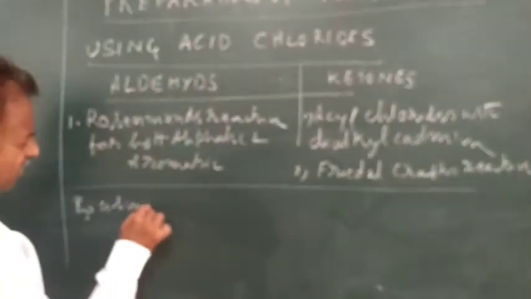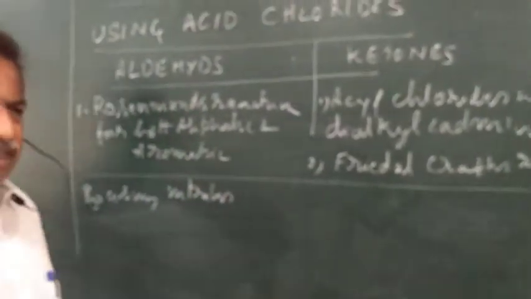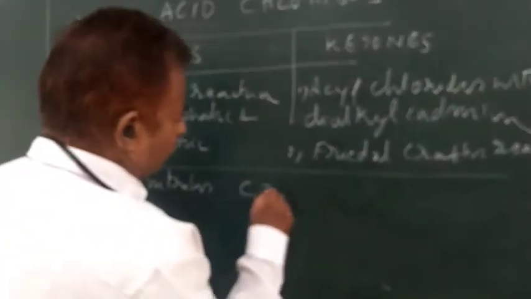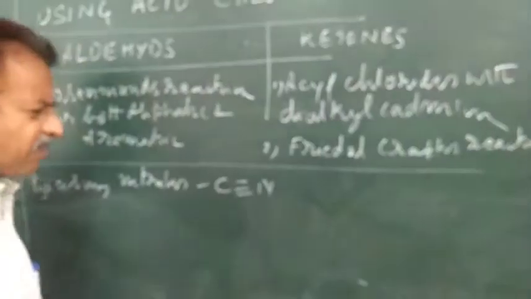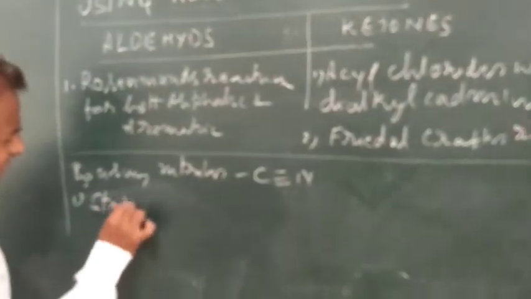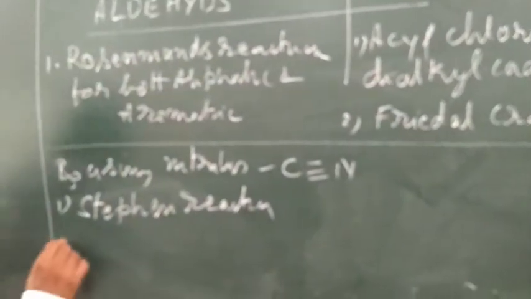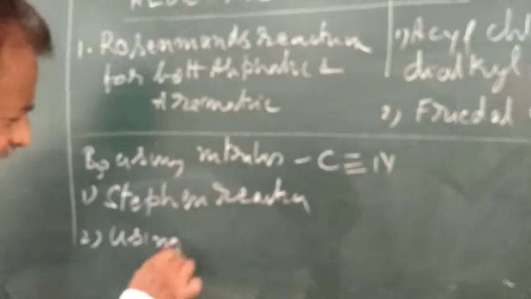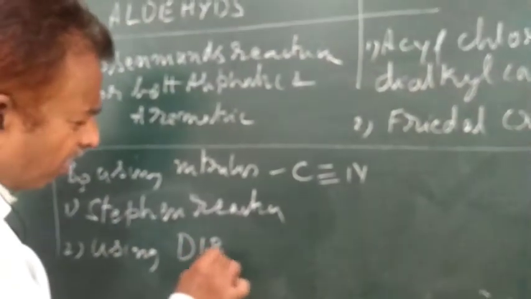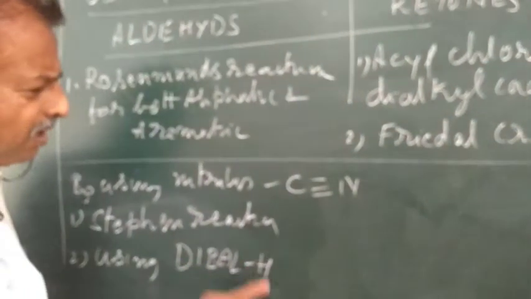By using nitriles. What is a nitrile functional group? Say, triple bond NC. This is the nitrile functional group. So in aldehydes, the Stephen reaction, and the second one is using DIBAL-H, diisobutyl aluminium hydride.